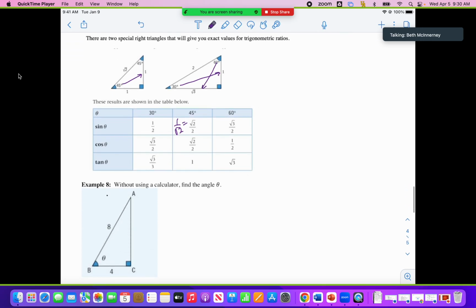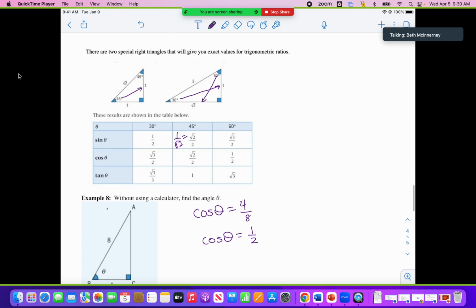So, looking at that chart above, here's what I want you to look at for example 8. Do you see that I would do the cosine of theta is 4 over 8? Well, that reduces to 1/2. What we're going to work on in the rest of the unit is something referred to as the unit circle.